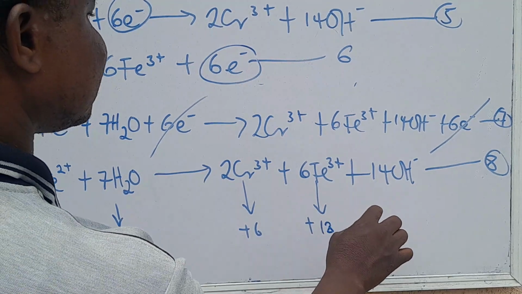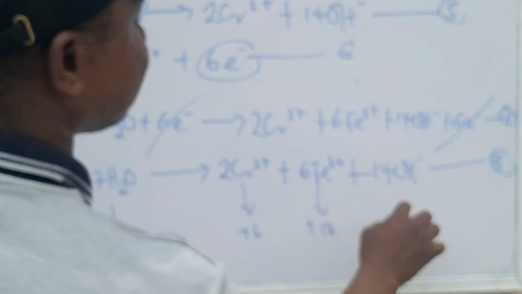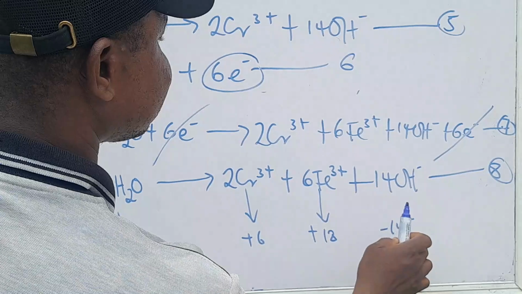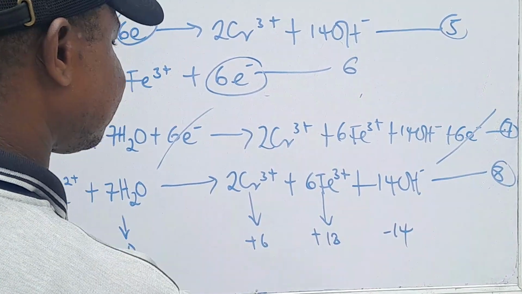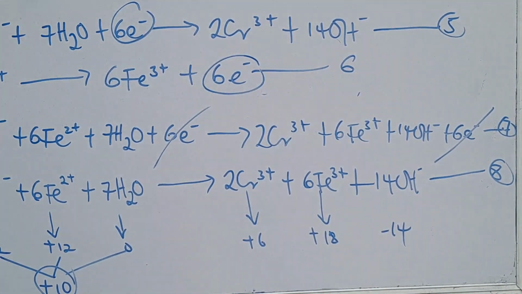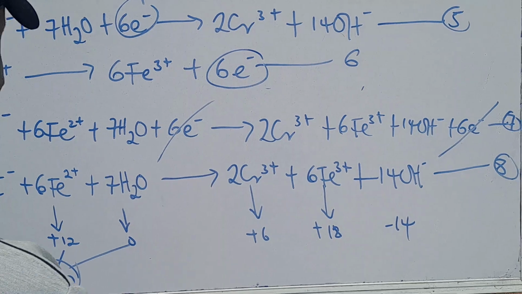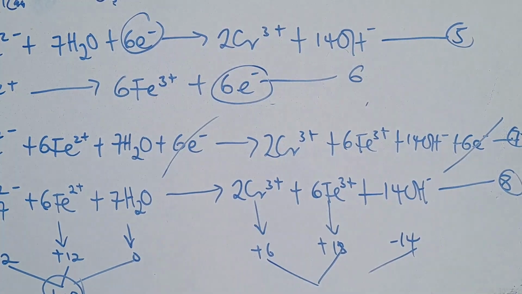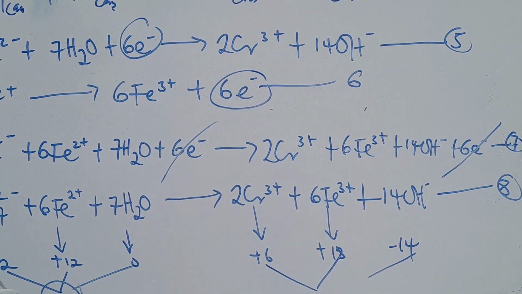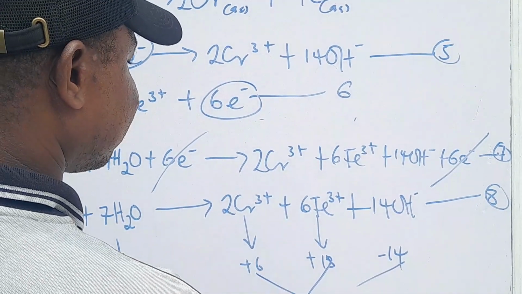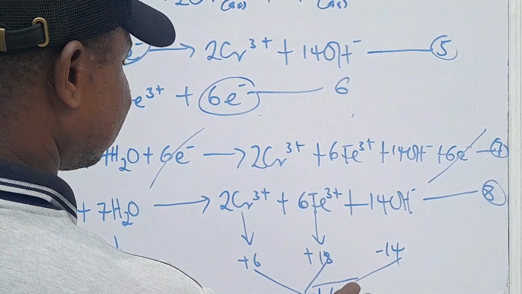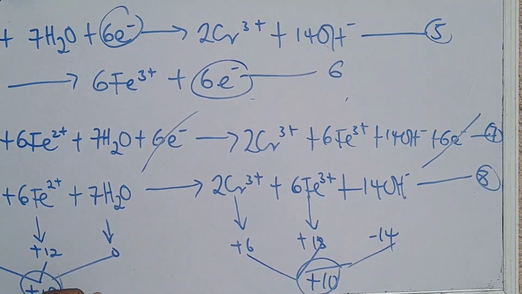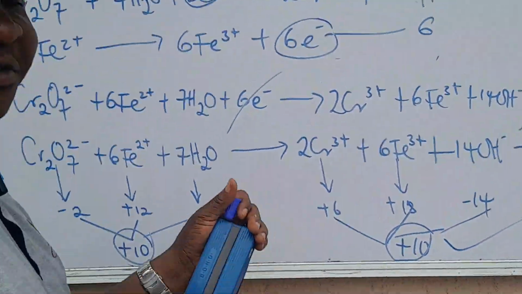Plus 18 and minus 14. Can you see that? Plus 18 minus 14. So when we do all of that, what do you have? This one giving us 24 minus 14, giving us plus 10. Can you see now? This equation is also balanced.